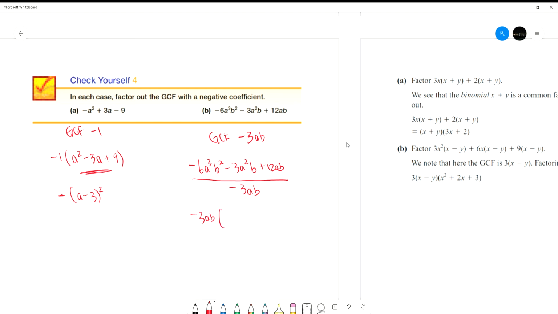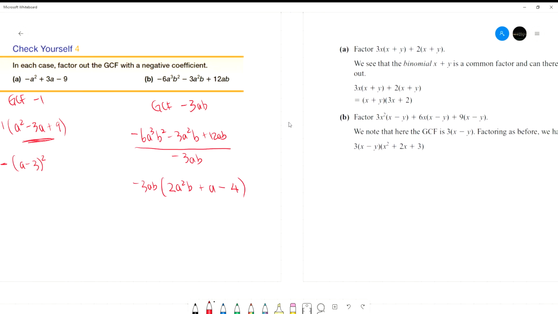Negative 3ab times positive 2a squared b, right? Positive a, right? And then negative 4. Did you all get that one? Any questions? We're okay?